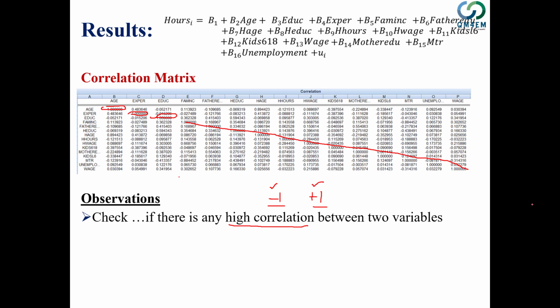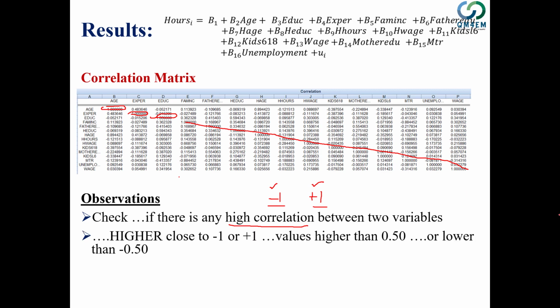So that's what I've written here: close to -1 or +1, but we set a cutoff of 0.5. Any value above +0.5 or below -0.5 will be considered highly correlated, and we would suspect strong correlation, in other words a multicollinearity issue, between the variables for which the coefficients are higher than 0.5.